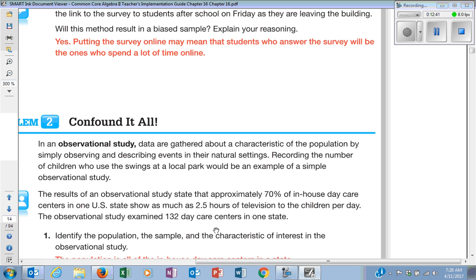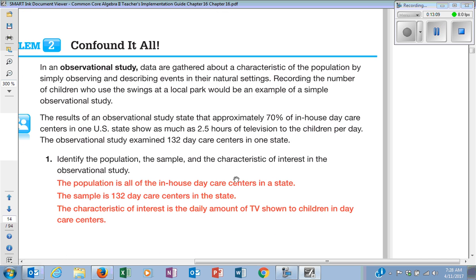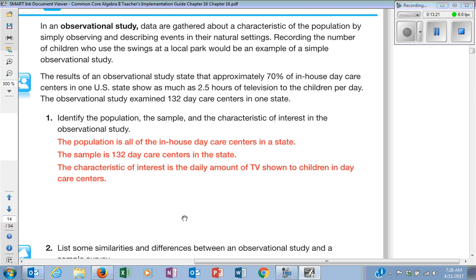No. What would be the sample? The 132 daycares. What's the characteristic of interest? Well, that's what they found. What did they go and study? How many hours of television they showed to the children per day? Right, population is all of the in-house daycare centers in a state. Sample is that 132. The characteristic of interest is how much TV.